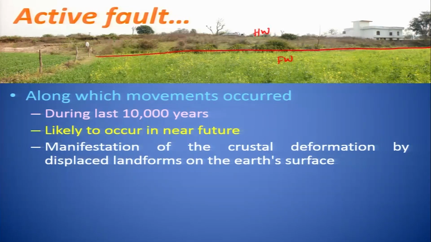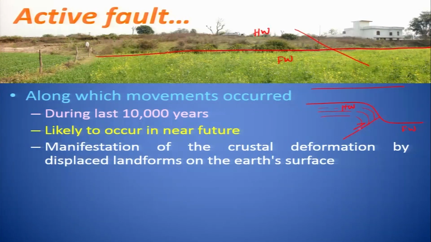So, if I put the cross section here, then you will see a feature like this. Okay. Earlier this was a flat surface, but because of the deformation and the movement along this inclined fault, and I say this confidently because we know that this is a reverse fault, where this is the hanging wall and this one is the footwall, the hanging wall has moved up, and then also we see some sort of deformation.